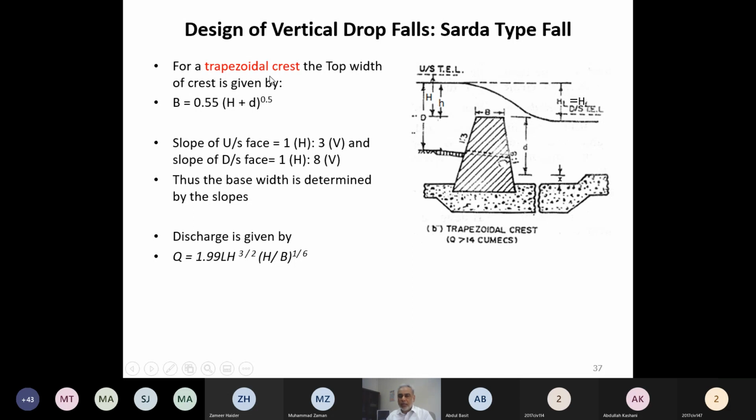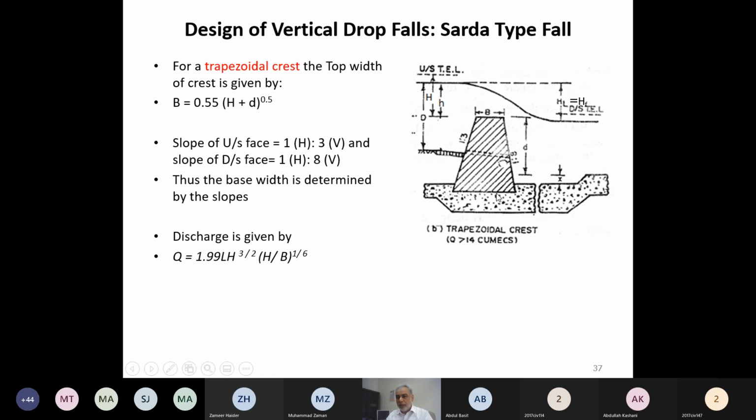If we have selected a trapezoidal crest, then top width should be provided at least equal to 0.55 times h plus d under root. And upstream and downstream slopes are fixed in case of the trapezoidal shape. One horizontal to 3 vertical slope should be provided on the upstream side. One horizontal to 8 vertical slope should be provided on the downstream side.